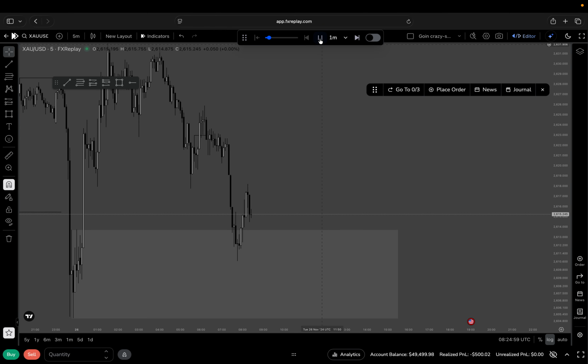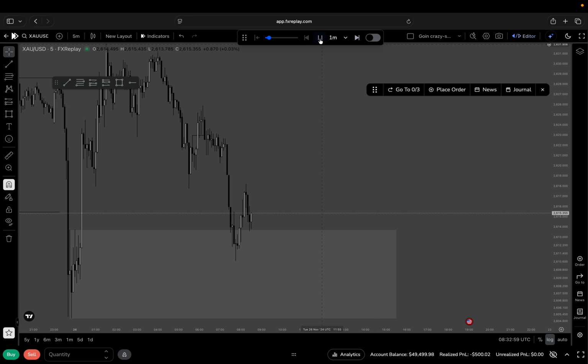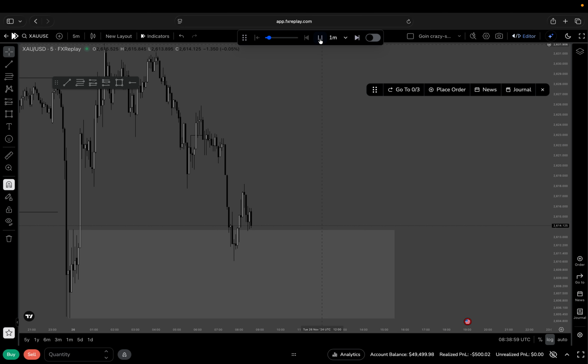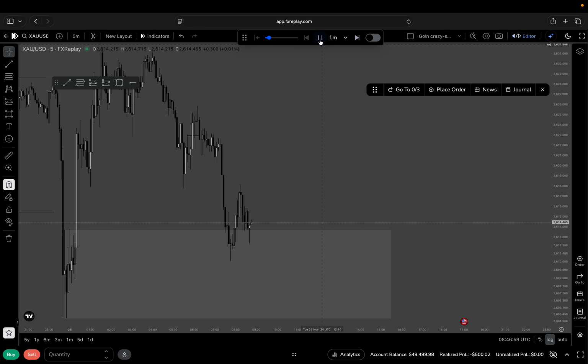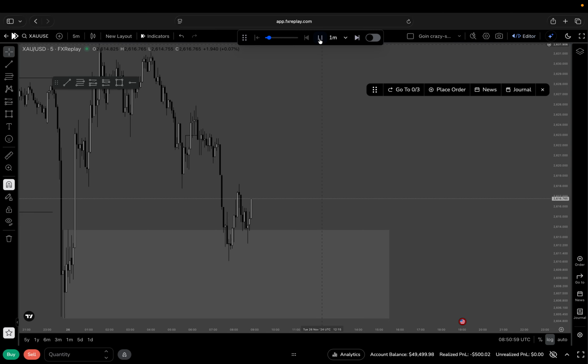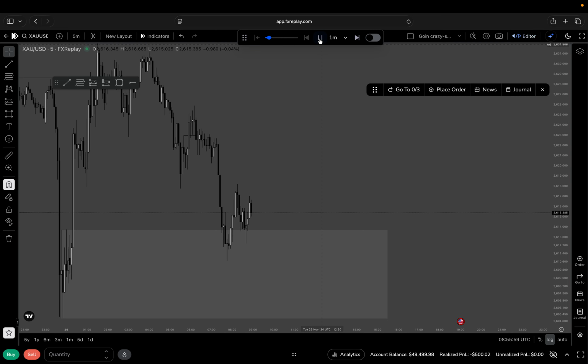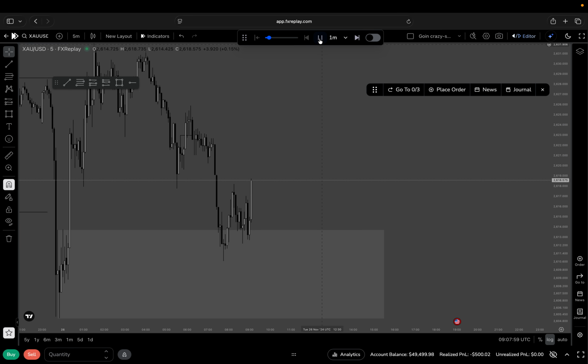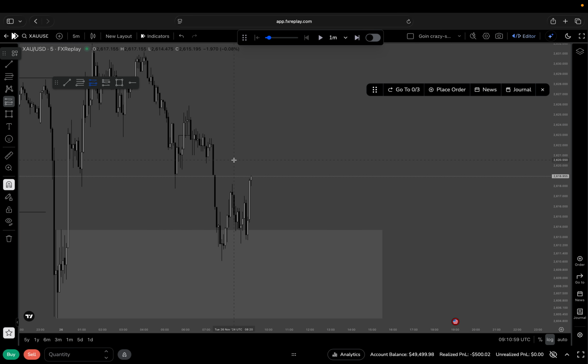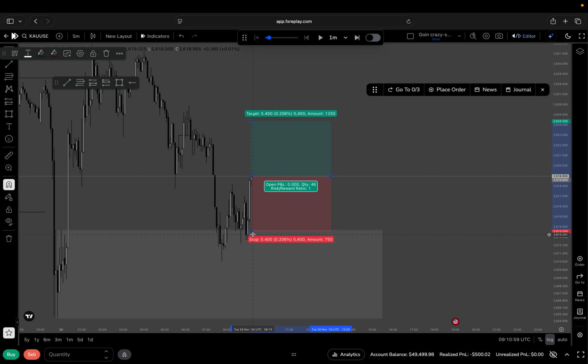Okay, get a little retracement. Nice breakout. Absolutely nice breakout.